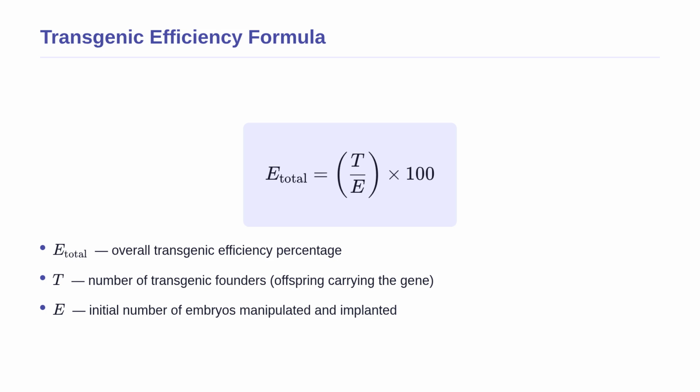The variable T stands for the number of transgenic founders, which are the offspring that actually carry our new gene. The variable E remains the starting number of manipulated embryos. By comparing the final number of successful transgenic animals directly to the initial number of embryos, we can see the true yield of our experiment. An increase in successful gene integrations will increase T, thereby raising the total efficiency.